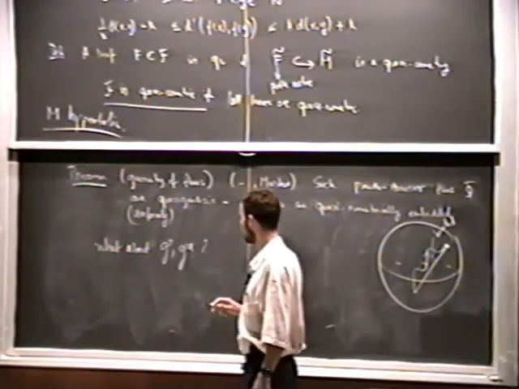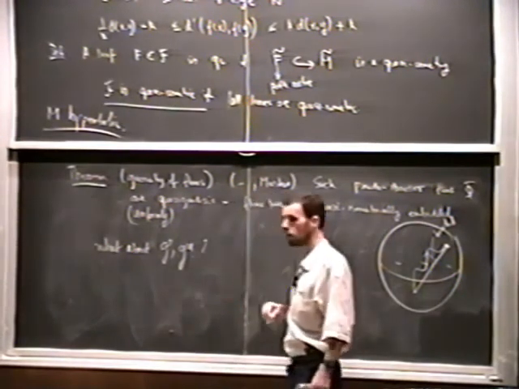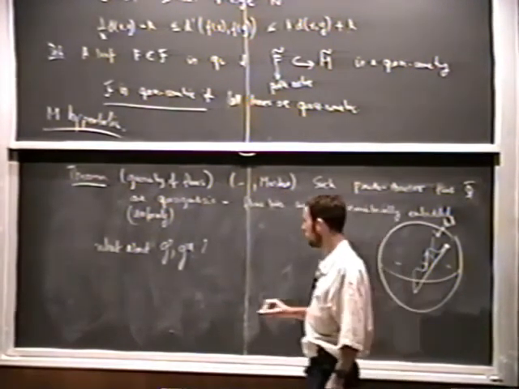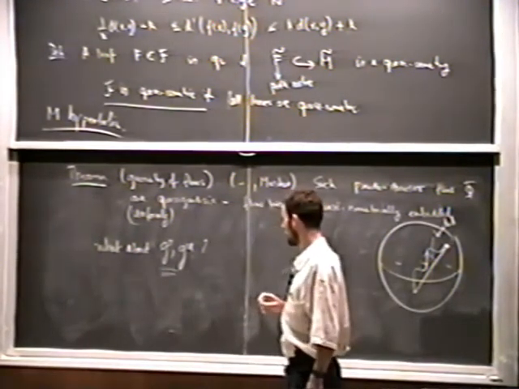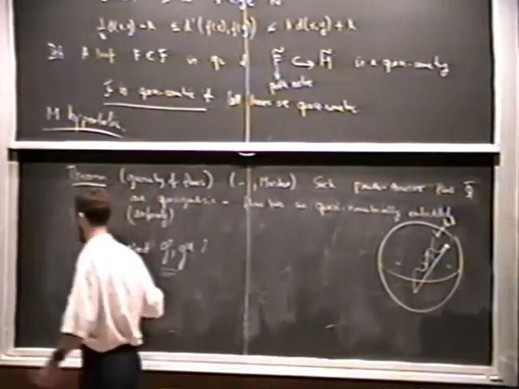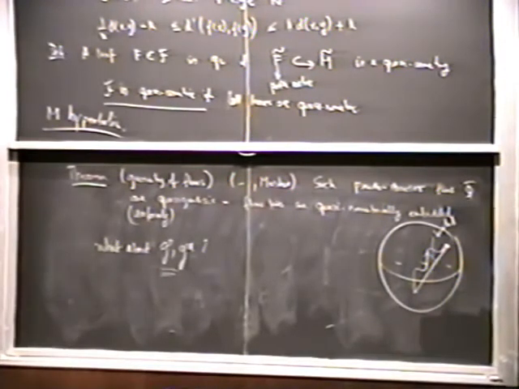Now, what about the foliations? It's not the same to say that the flow lines are quasi-geodesics. It doesn't imply that the foliations are quasi-isometric. But it implies something, okay?